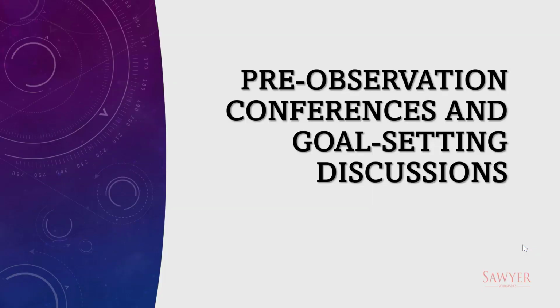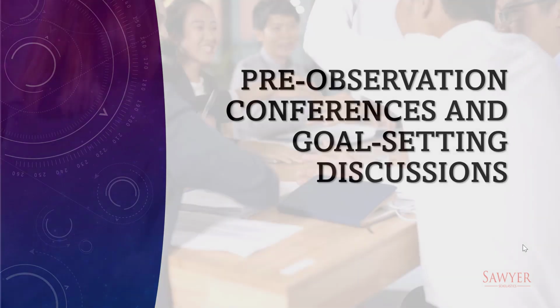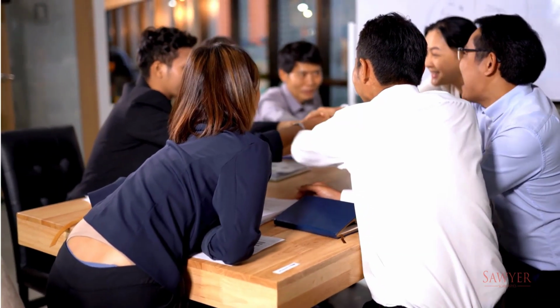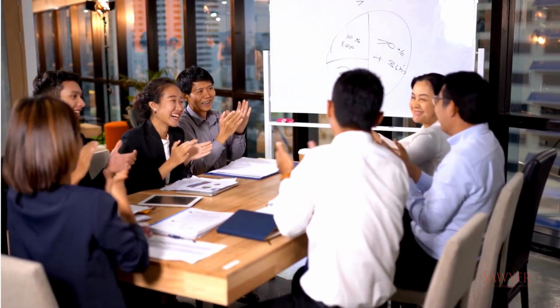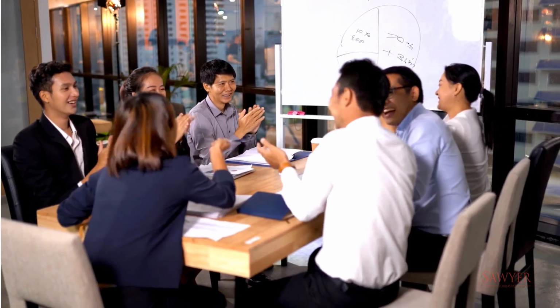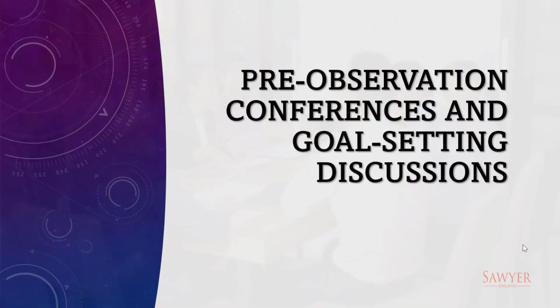Okay, now let's talk about pre-observation conferences and goal-setting discussions themselves. This is really important in setting the goals, and like I said, doing it together, having a collaborative session, expectations and goals themselves. It's okay to establish your evaluation forms. I have done this. I have written a few different teacher observation forms, for the things that I'm going to look at and the scale that we're going to use, a different kind of rubric.